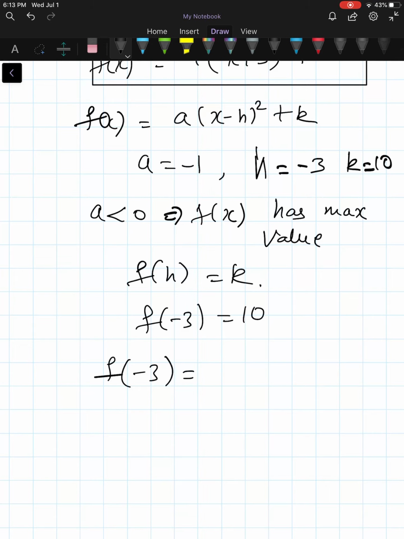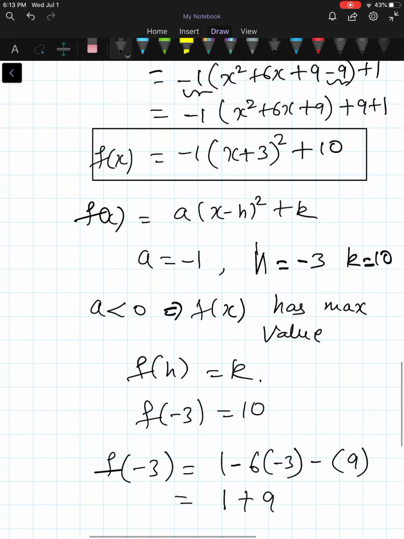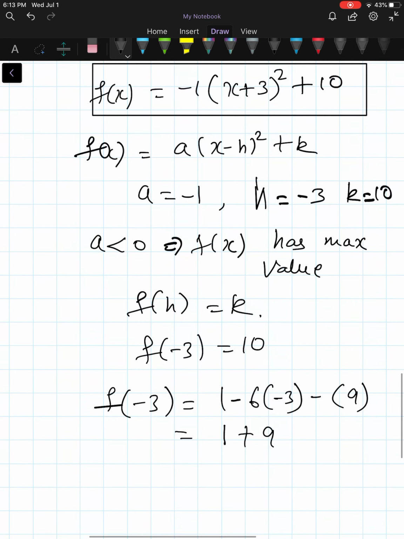So f of negative 3 is nothing but, substitute negative 3 wherever there is x in the f of x equation. So we get 1 minus 6 times negative 3 minus negative 3 the whole square is 9. So this would be 1 plus 9. Okay, did I go wrong somewhere?